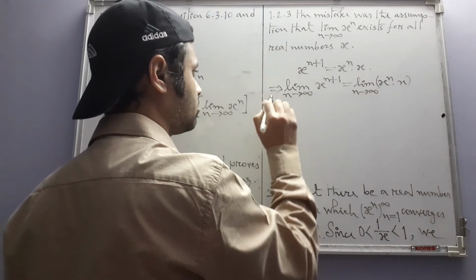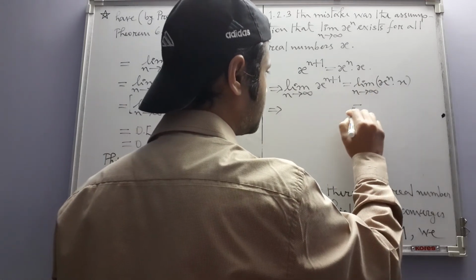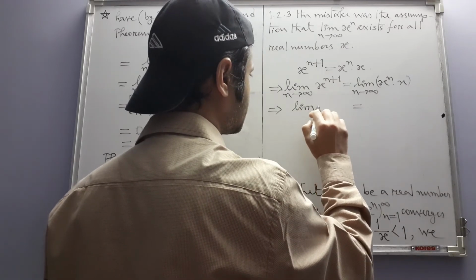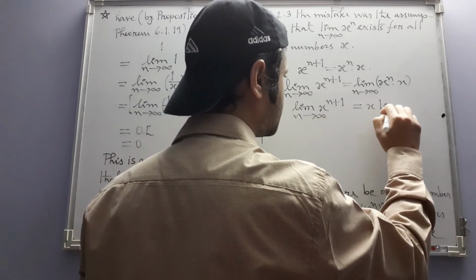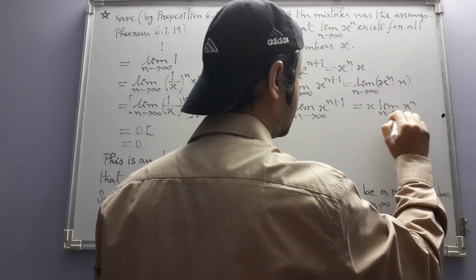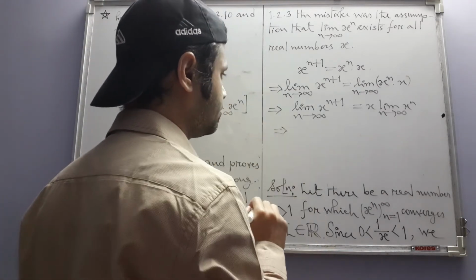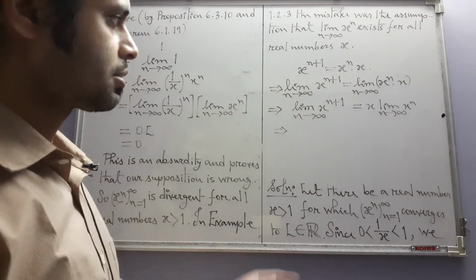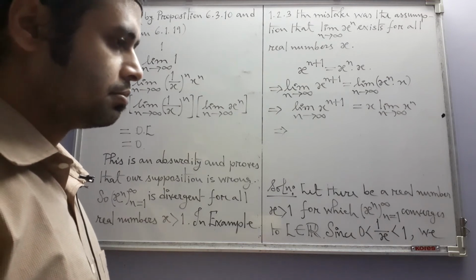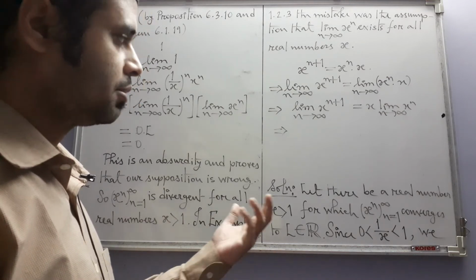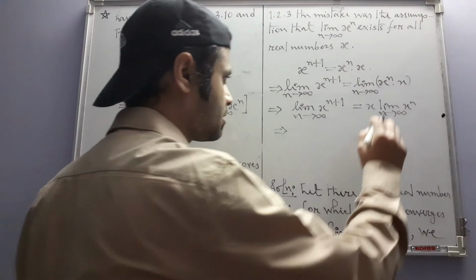And then this limit is L. This limit, of course, can be written as x times limit of x to the power n, because x is independent of n, and then we somehow concluded that because when a sequence converges to something, removal of one term from the sequence does not affect the convergence and the limit stays the same.